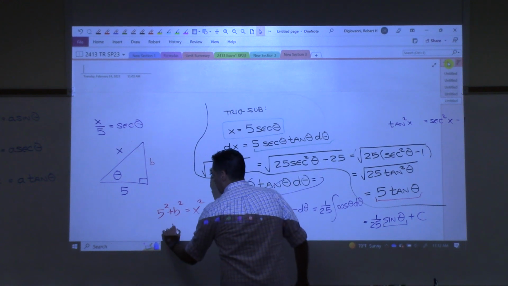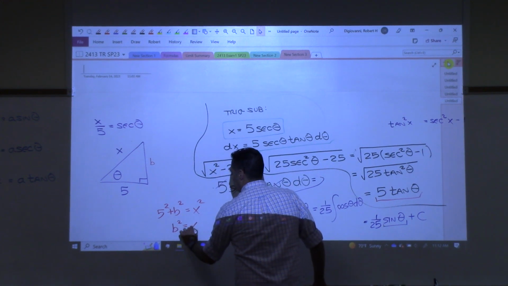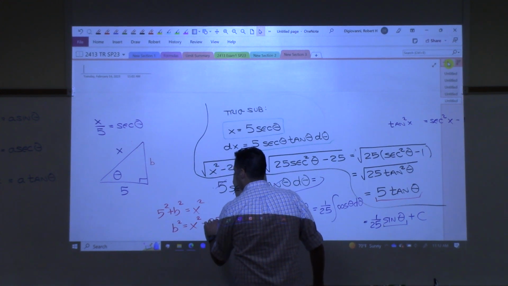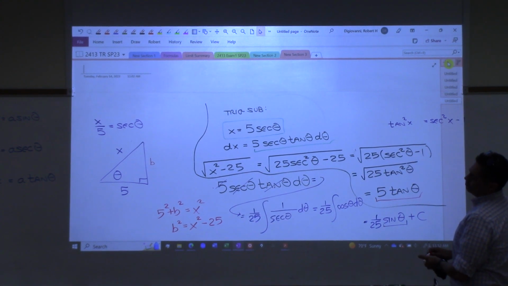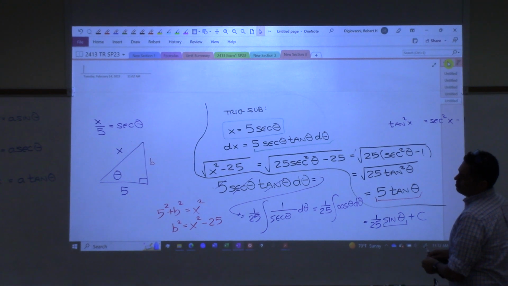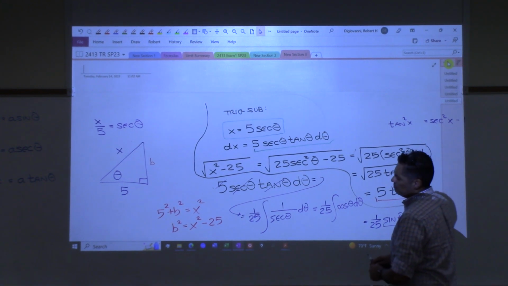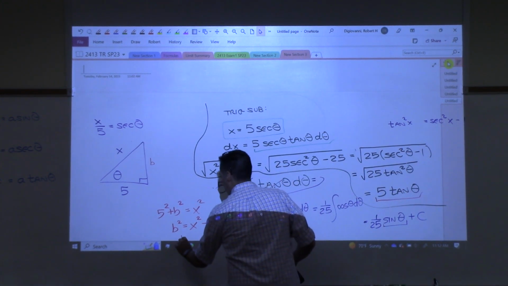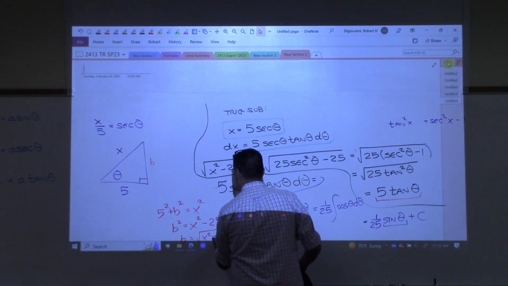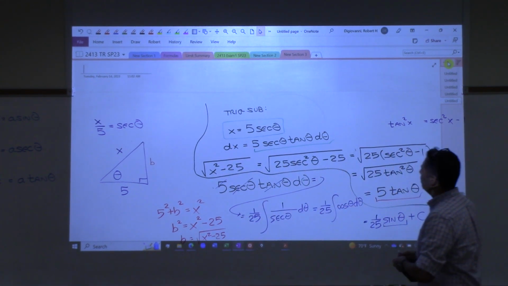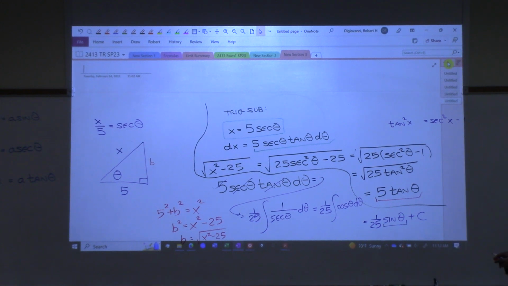So I will take the 5 squared to the other side, right? And then take the square root. So b is the square root of x squared minus 25. We good? Yes, secant? Yeah, okay.